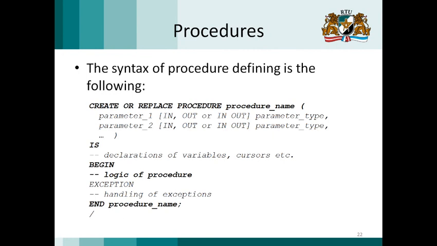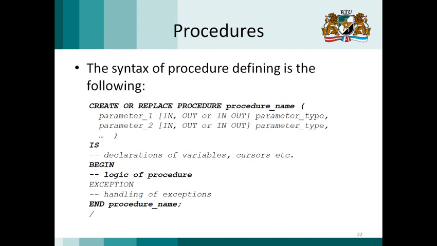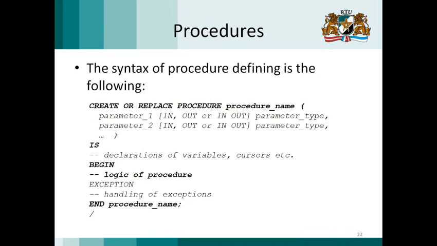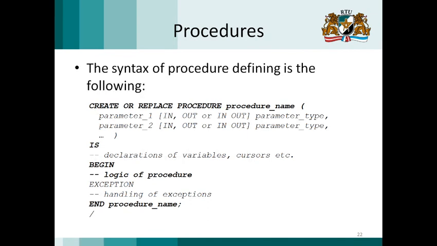Excuse me. Yes? Why do you have varchar2 in brackets? In the example, you have varchar2 in brackets. Here? No, on the second line. Here. Yeah. They have the parameter inside the brackets. Varchar2 is the parameter type.